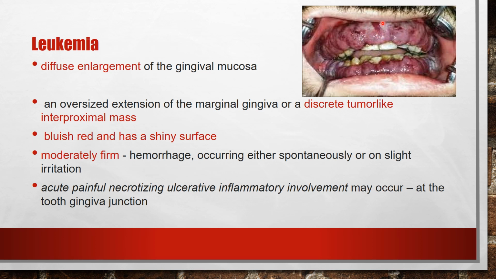It appears bluish red and has a shiny surface. It will be moderately firm. Hemorrhage can occur either spontaneously or on slight irritation. In the interdental areas, acute painful necrotizing inflammatory involvement may occur at the gingival crevice region.